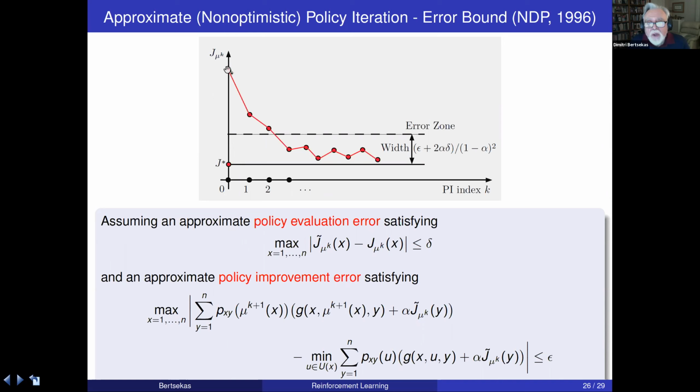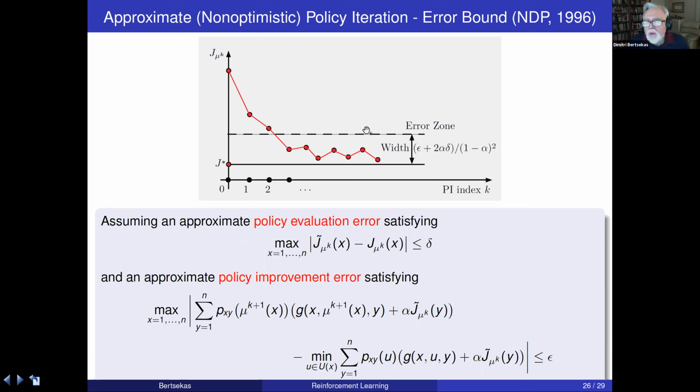This is the initial policy. Of course, it is worse than the optimal, right? And this is the degree of suboptimality. Then we obtain at iteration 1 a policy mu1, and its cost is this one here. At iteration 2, a policy mu2, this cost, and so on.